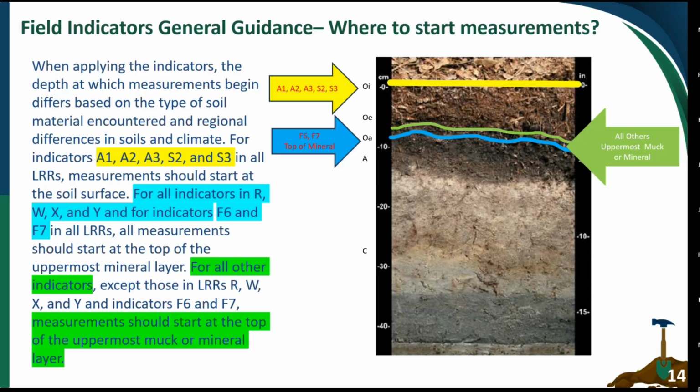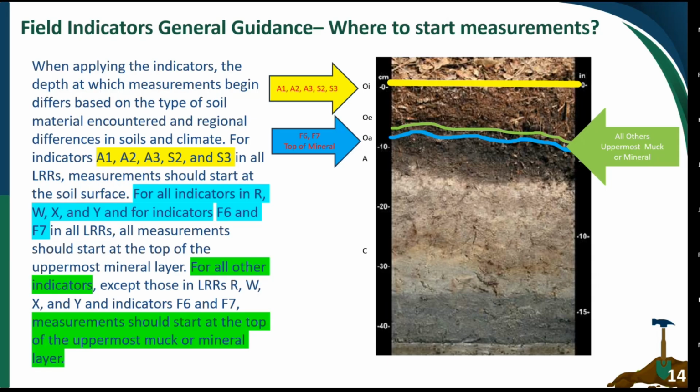So in this picture that we see here, the yellow line represents the organic soil surface. The green line represents the beginning of the muck or highly decomposed organic material. And the blue line represents the start of the mineral layer.